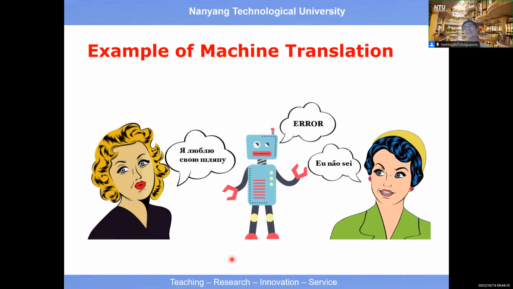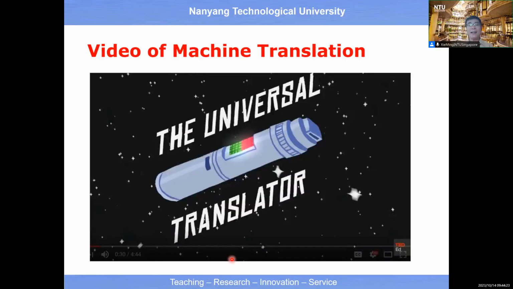So if we have an AI system which helps us to do the automatic translation, then that will help us to communicate among ourselves, right? Okay, then this video explains to you the challenge, the issue faced by machine translation, all right?